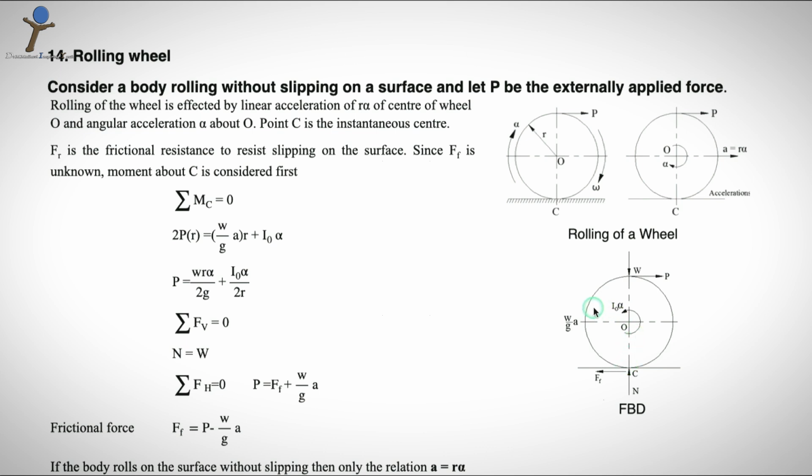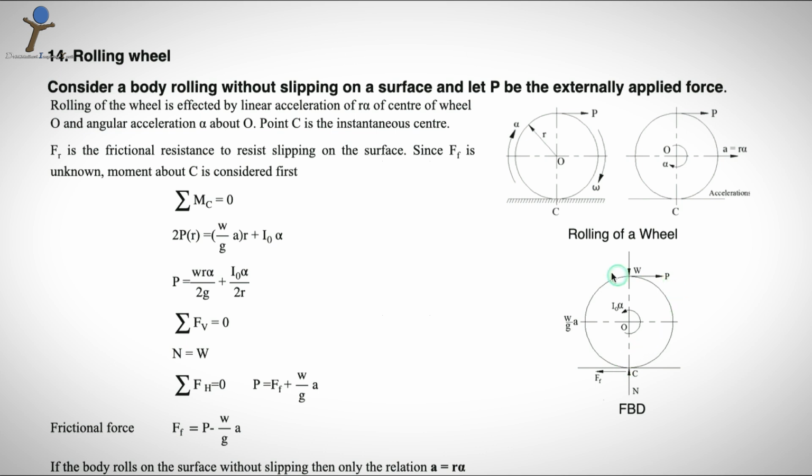Then you have W by g into A, which is at a perpendicular distance of R from the moment center, also contributes to the moment. Then you have I naught alpha, where I naught is the mass moment of inertia and alpha is the angular acceleration about O. When you take the moment about C, the frictional force and normal reaction do not contribute to the moment about C.